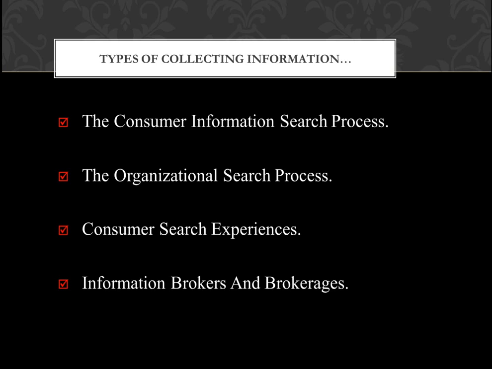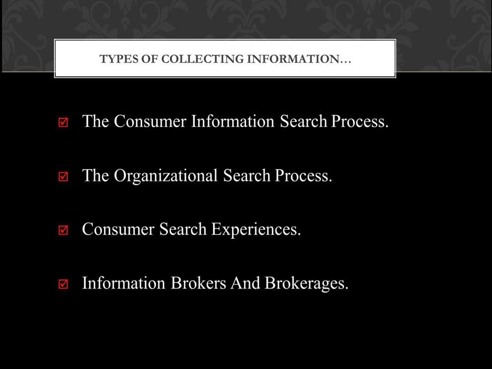Maybe you will look for the organization's brand, and then you buy a product. Or consumer search experiences: based on the search experiences which you have already had, you will buy something. Or information brokers and brokerages: if by a third party influence, you're going to buy something. These are the types of collecting information by the consumers.